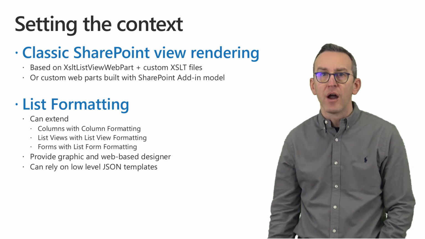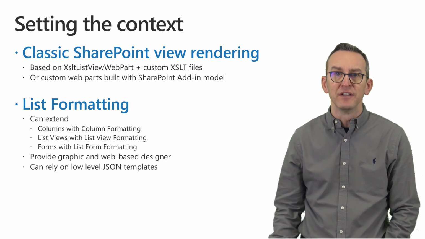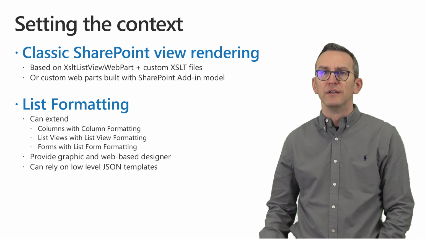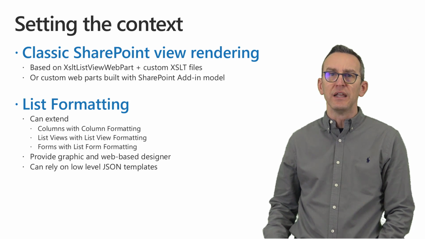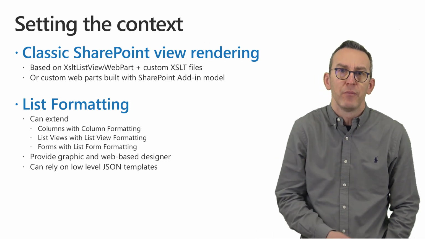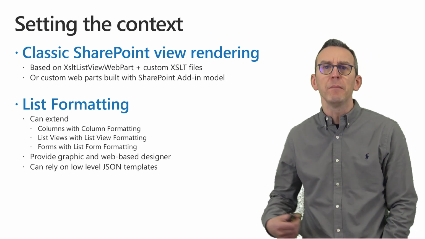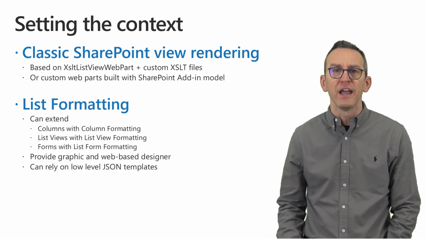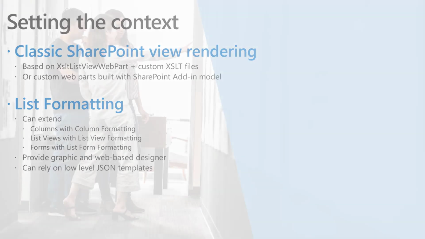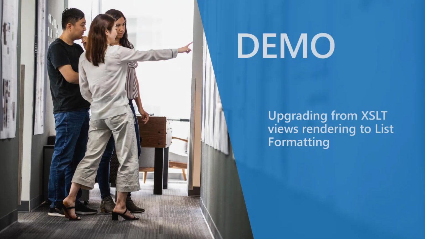All of them are based on a web-based designer that you can use through the browser, and you can also dig into it and create really highly customized JSON templates that you can build, for example, in Visual Studio Code and then copy and paste inside the web-based designer of the list or library that you are customizing. So let me move to the demo environment and show you how you can do that in practice.